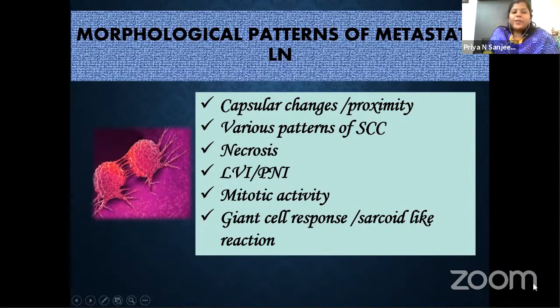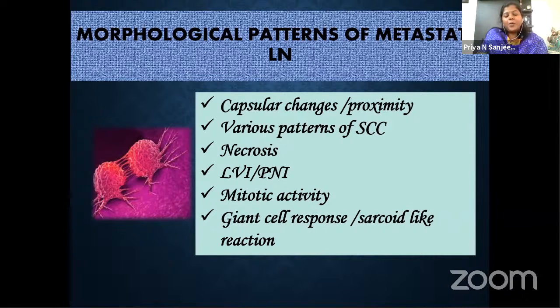The next segment is on morphological patterns of metastatic lymph node. Evaluation of lymph node metastasis forms an integral component of the cancer staging system. There is no valid grading system with respect to lymph node metastasis.